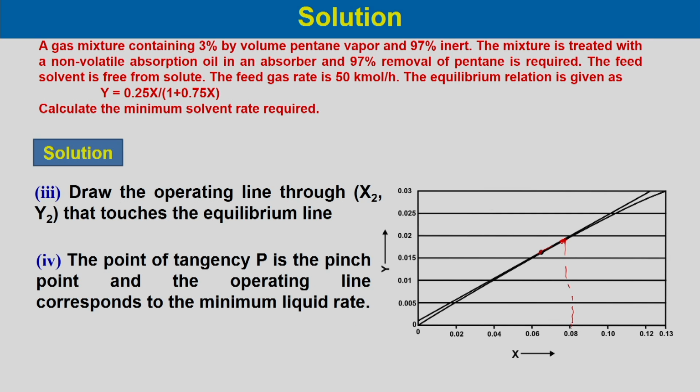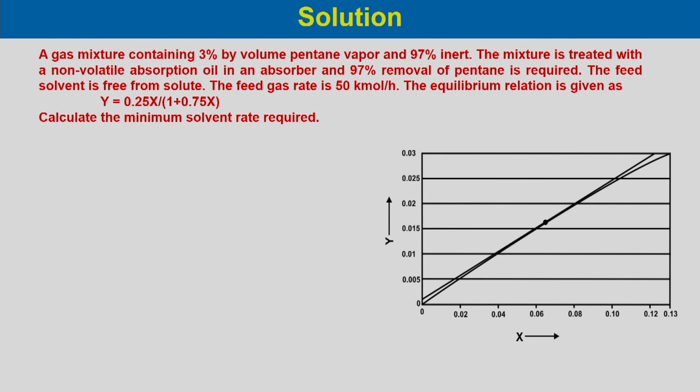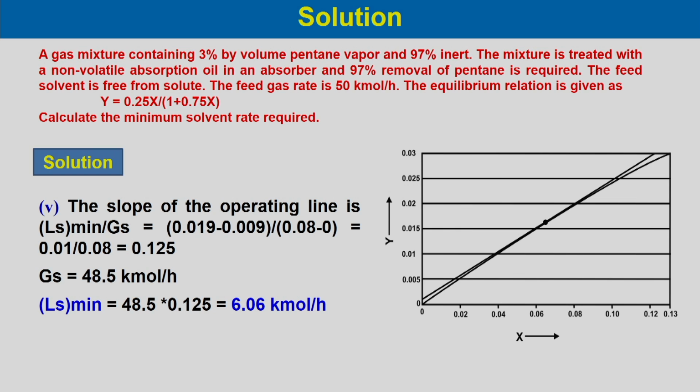At this point we need to calculate the x value, that is x1 and y1. So, we can calculate the slope of the operating line. This is capital Y2 we have calculated, this is capital Y1, and then this is x1 and this is x2 which is 0.